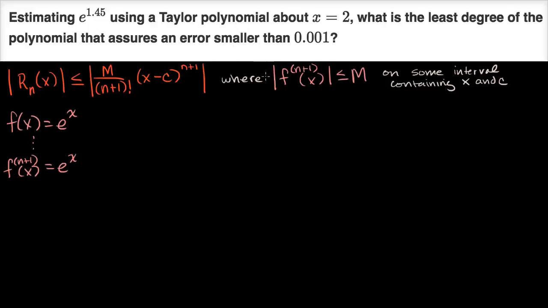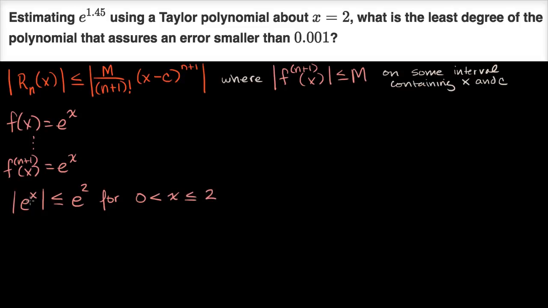These types of problems are very, very hard if it's difficult to bound the n plus 1th derivative. Well, we know that e to the x, and I could even say the absolute value of this, but this is going to be positive, is going to be less than or equal to e squared for 0 is less than x is less than or equal to 2.